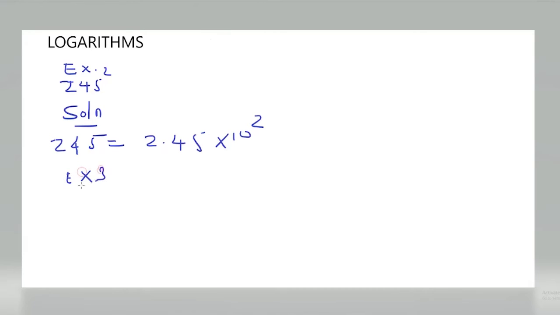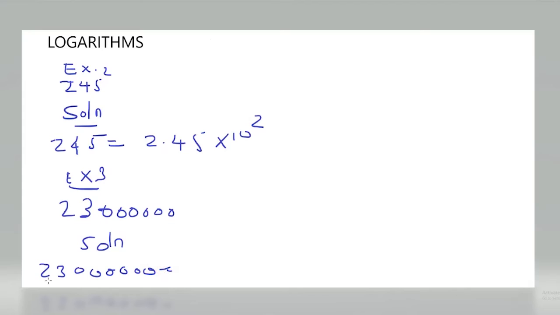Example number 3. I should have given this one: 1, 2, 3, 4, 5, 6. Now solution. This one will be equal to 1, 2, 3, 4, 5, 6. The first player is 2 and the second player is 3.